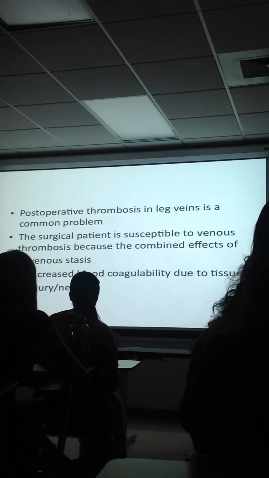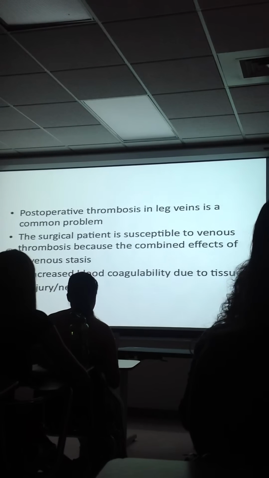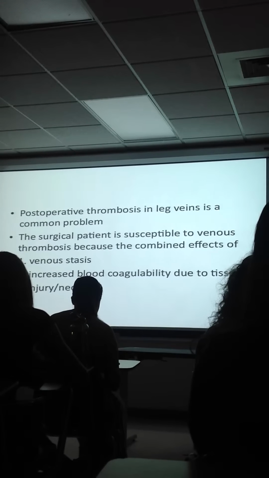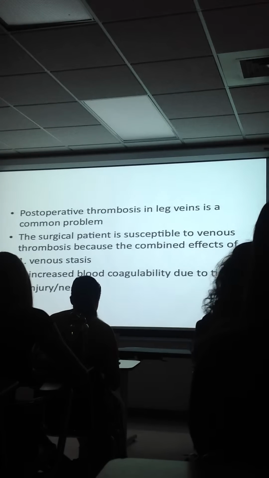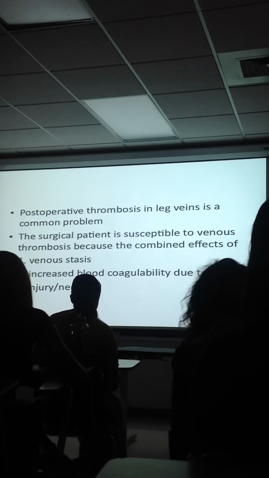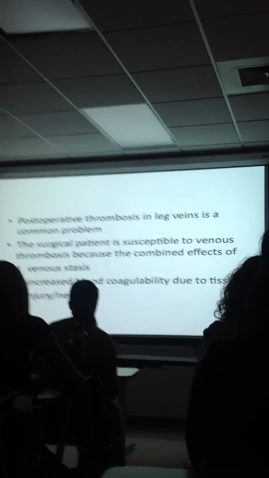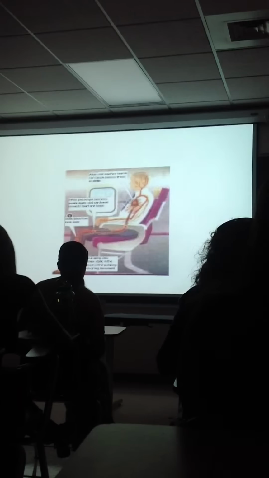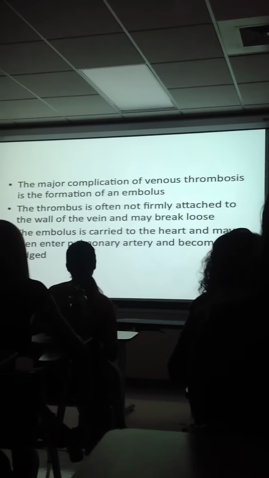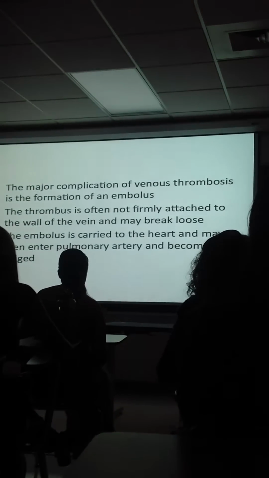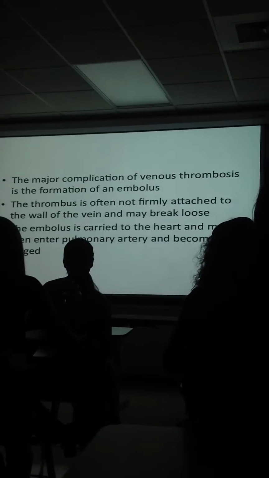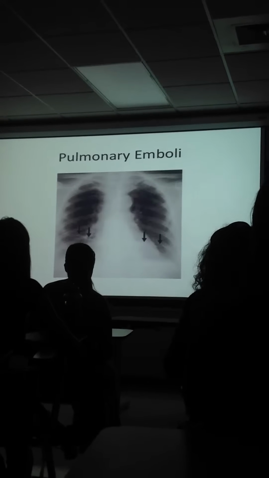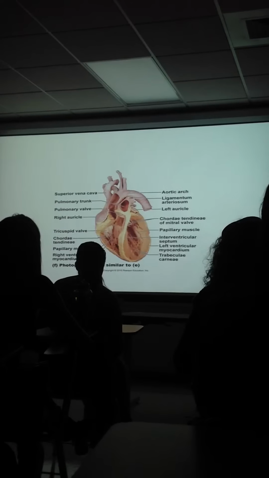We talked about some patients and conditions where we may want to be more concerned about developing these, like a patient who has had surgery, he's not going to move, that kind of stuff. We talked about what happens when they do break off and move to get an embolism. Pulmonary.